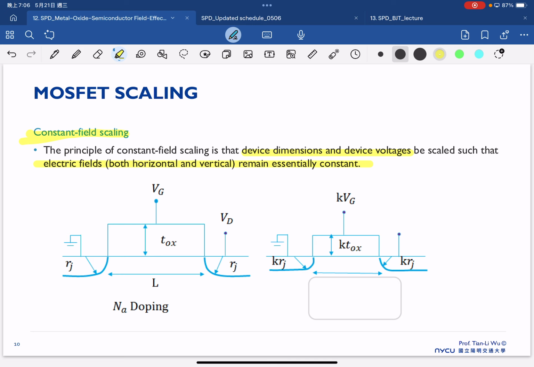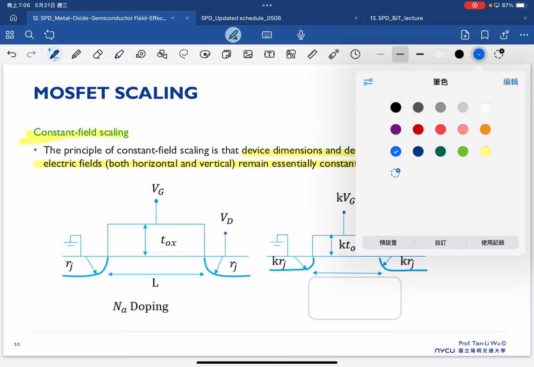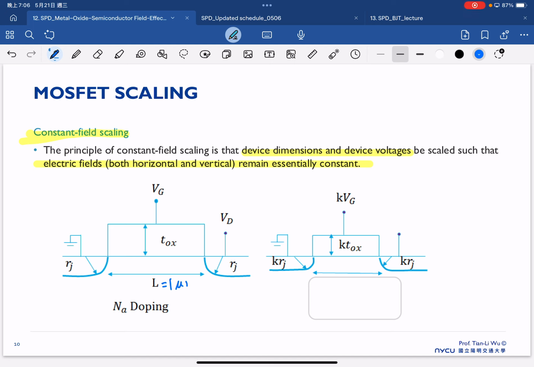So if you consider the left-hand side device, we have a channel length of, let's say, 1 micrometer, an oxide thickness of 10 nanometers, and a doping concentration of 10 to the 17.